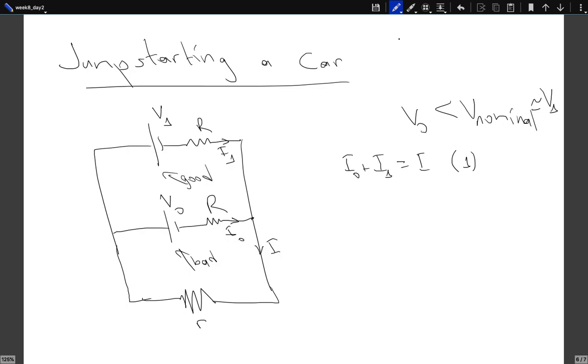Now let's take two loops. Which loop would you like to take? Just choose one.